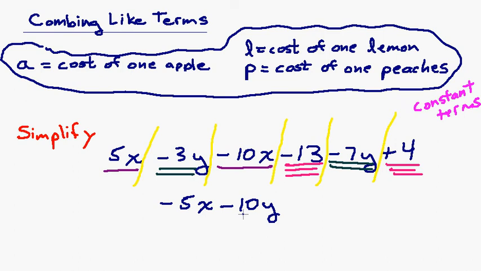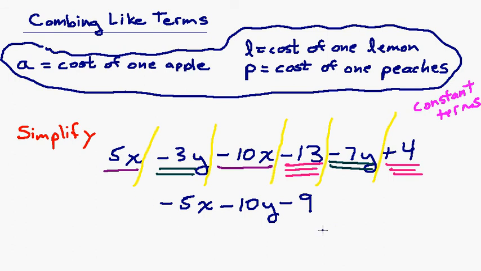So if the 10 comes out to be negative, just write minus 10y. It's the same thing. Then we've got negative 13 plus 4, which is negative 9. Again, I could write this as plus a negative 9, but the way you're probably going to see it, because it's a little more concise, is to just write minus 9. Now I can't combine those together.